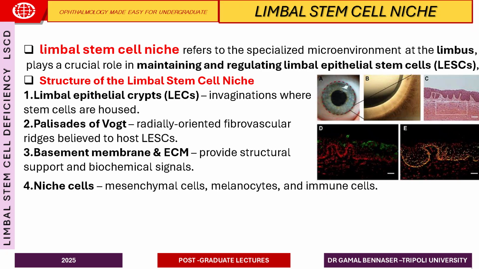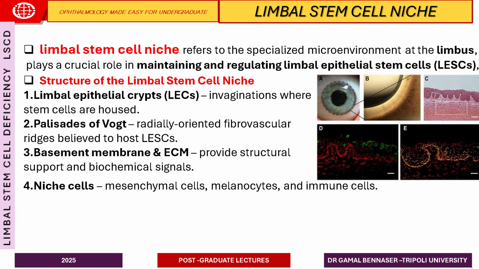And the niche cells are the mesenchymal cells, melanocytes, and immune cells. It is not surprising that you find plenty of melanocytes in this area, because they are thought to provide protection against ultraviolet light for these precious cells, the limbal stem cells.